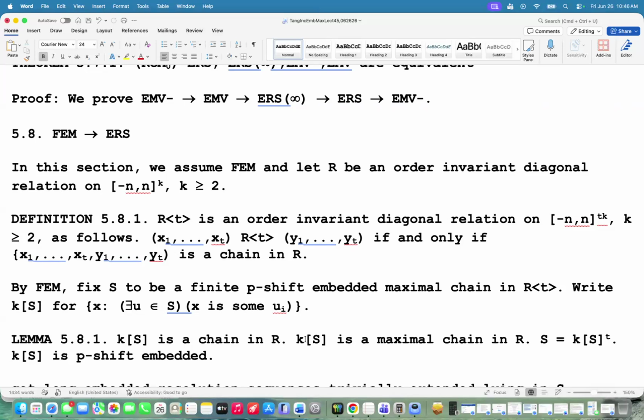My idea is that this is the better relation to use when you use FEM. So I'm going to use FEM on one of these chain relations. That's how I get the power that I need to reverse.